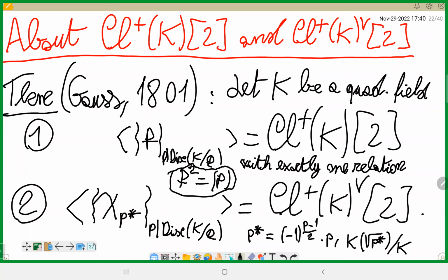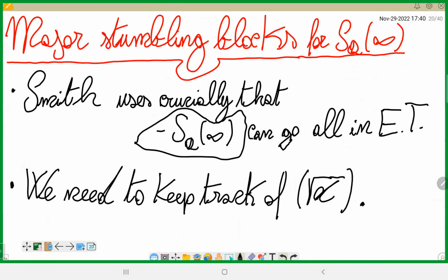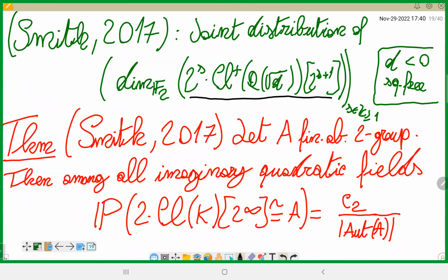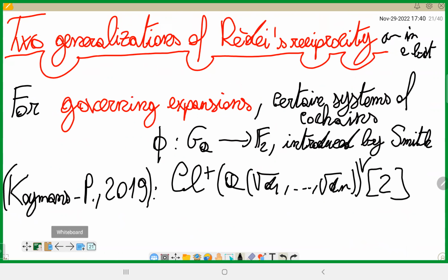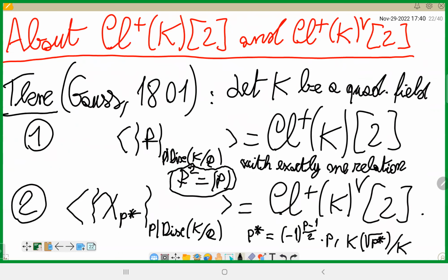which will explain why in this theorem here you take the double of the class group. So here the probability that the double of the class group is isomorphic to a given A is a distribution. The reason is that the two-torsion itself of the class group is extremely predictable. Gauss proved that the two-torsion of the narrow class group is generated by the ramified primes in K. So I hope this is readable.